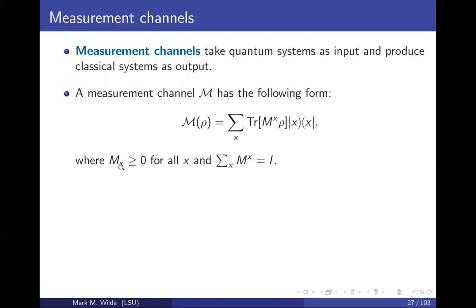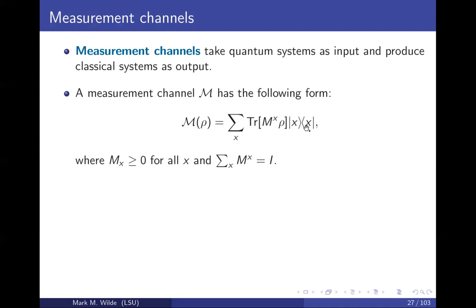So if you have a set of matrices, each of which is positive semi-definite, and their sum is the identity matrix, you can use that to construct a measurement channel. So in comes a state rho. You take the trace of one of the operators with rho, and then place that along an element of the diagonal of the matrix, right?